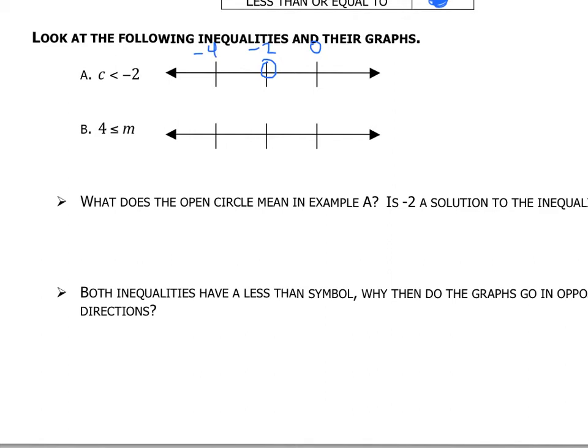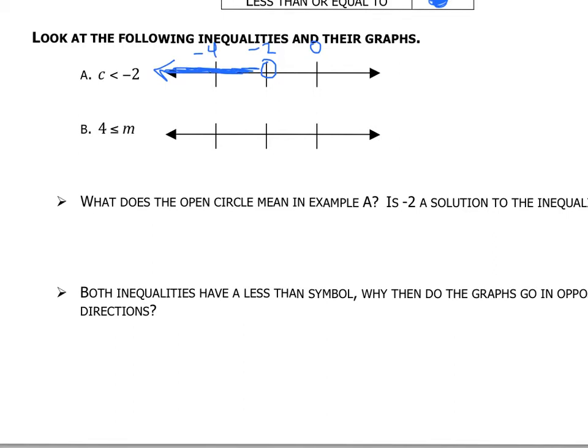Then all you do is mark a line and shade everything that is less than -2. Less than is left, greater than is right. So less than means to the left of -2.